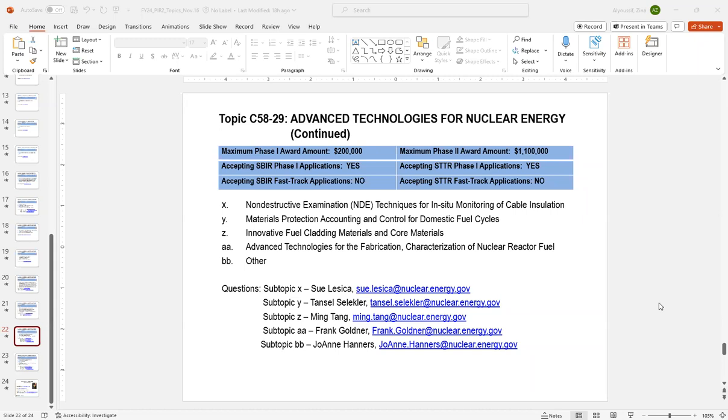Nuclear fuel cycle is very large, and materials control and accountancy spans the entire fuel cycle. Our program covers the front and the back end of the fuel cycle. MPACT program was established to support domestic advanced fuel cycle developers to address nuclear materials accounting and control requirements.